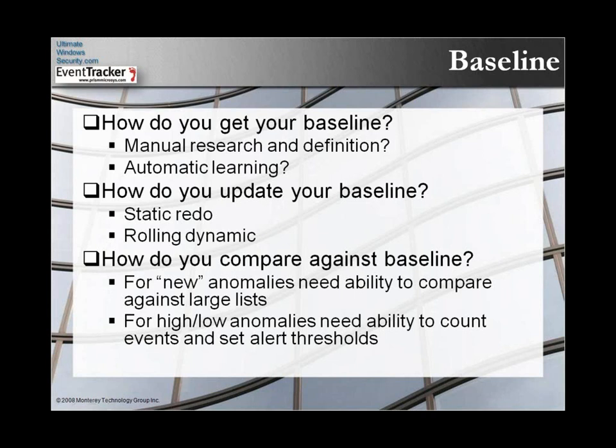For high and low anomalies, you need the ability to count events and set alert thresholds, basically saying, okay, here's the event that I'm looking for, and it's not just an event ID, right? It would be this event for this user or this event for any user, but we only want to know when that event's been logged X number of times for that user.